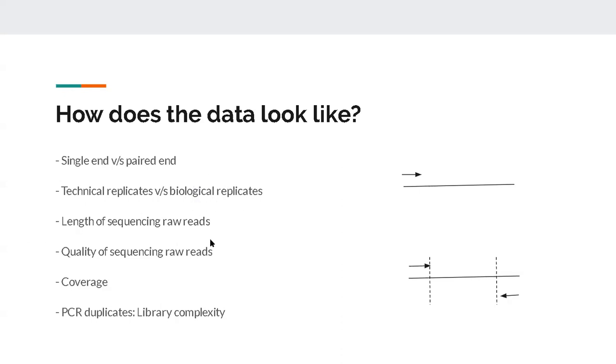Then the length of the sequencing read: if you want to do a transcriptome assembly, you might want longer reads, as opposed to a gene expression study where you can still have reads towards the lower end of the length. Quality of sequencing reads is something we are going to talk about in depth during the practicals. Quality is also important.